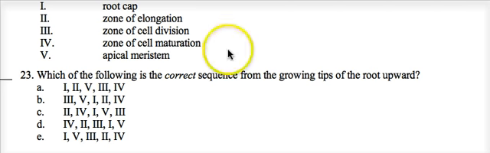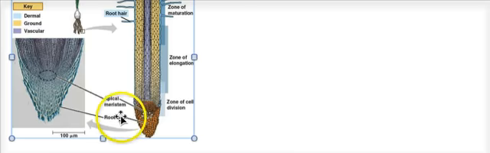So first root cap, then apical meristem. I didn't have the picture right there. Root cap, then apical meristem, then the zone of cell division, then zone of elongation, then zone of maturation. So if I have not emphasized enough that you need to know this anatomy and know that in order, well, there you go. I'm telling you for sure. That's the advantage of watching these.